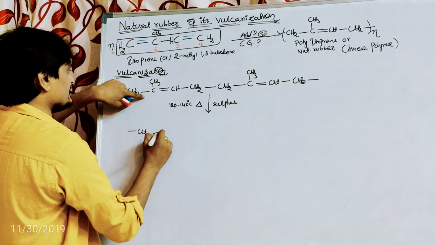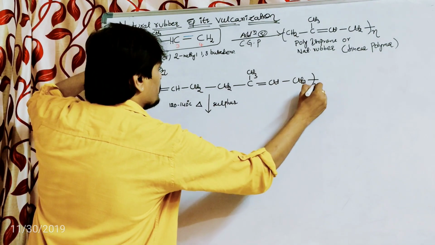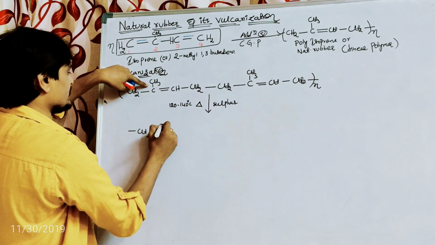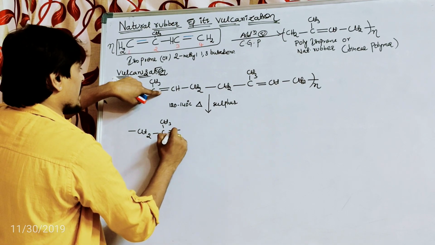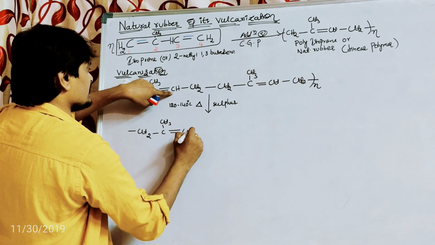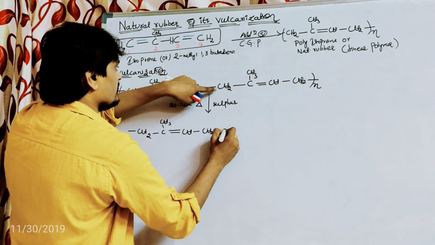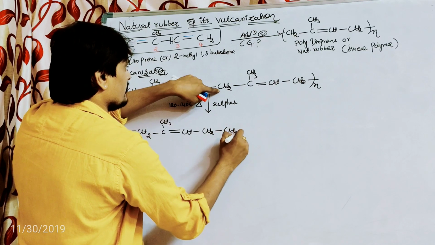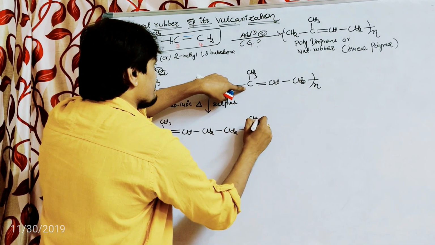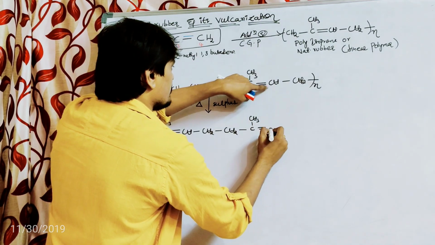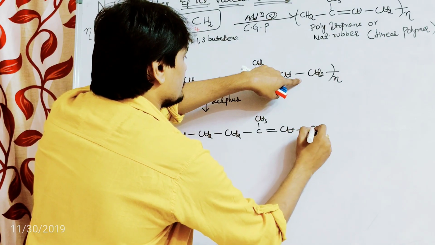Next, CH3, because it is a polymer, right? So CH3. Next, double bond as it is, CH as it is, CH2. Next, single bond, CH2. Next, a single bond, CH3, double bond, CH. Next, single bond, CH2.